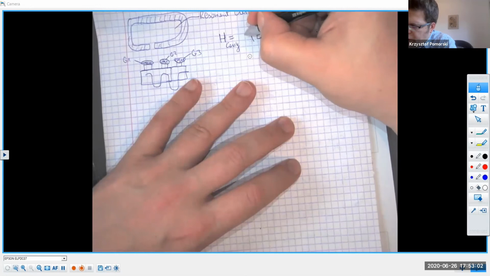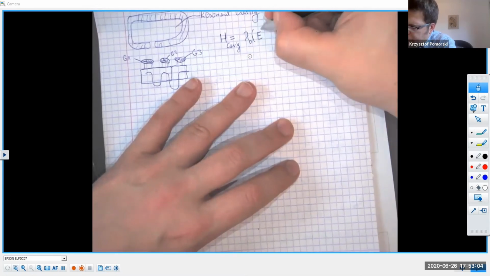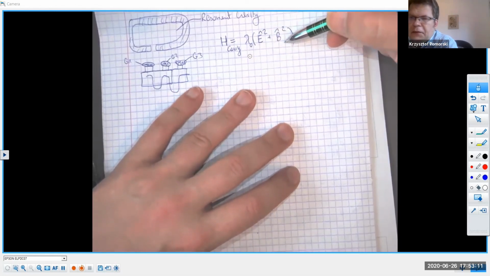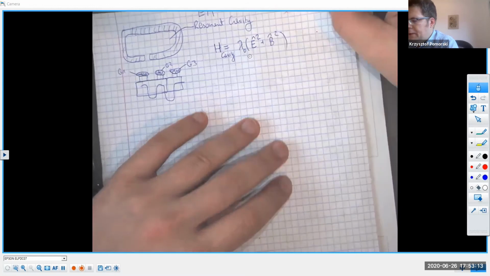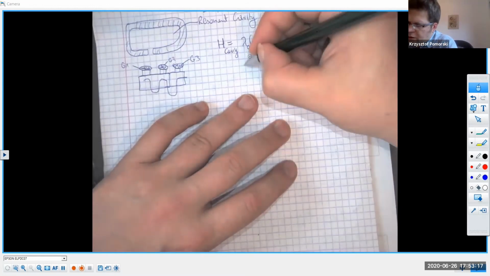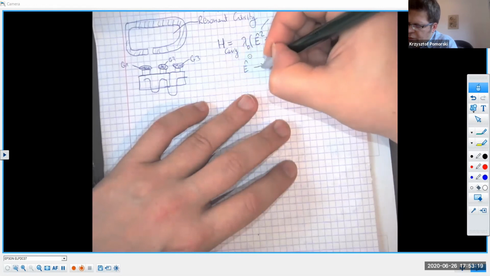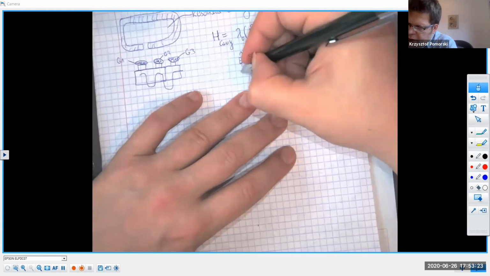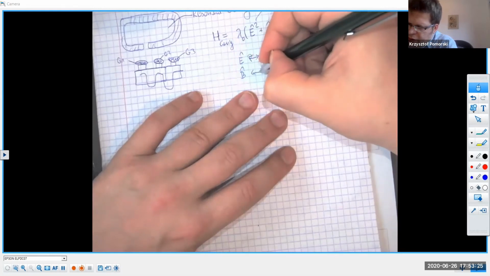So this is the energy of electric and magnetic field. This is analogical to your position, and this is analogical to your momentum.